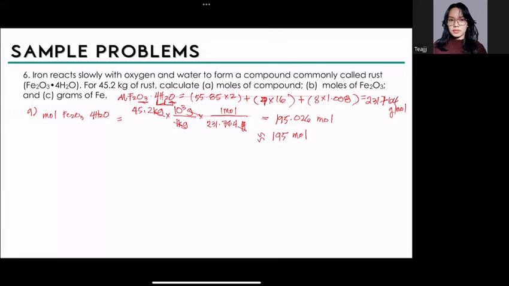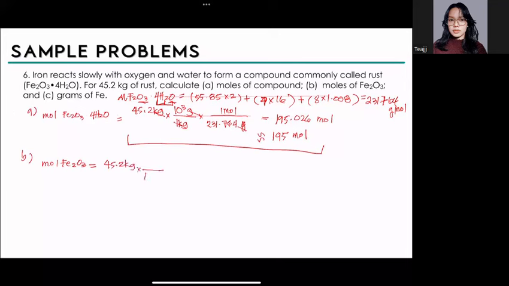Okay. Letter B, we have moles of Fe2O3. Wala nang 4H2O this time, ha? So let's just get all of these kasi kailangan pa naman natin yung number of moles ng Fe2O3 4H2O. Sulat ko lang ulit.